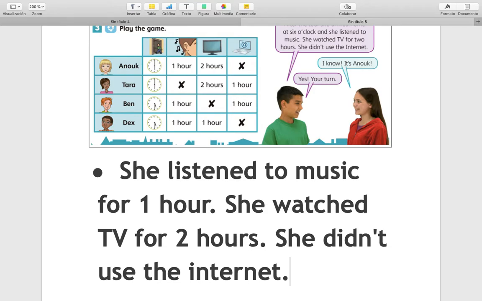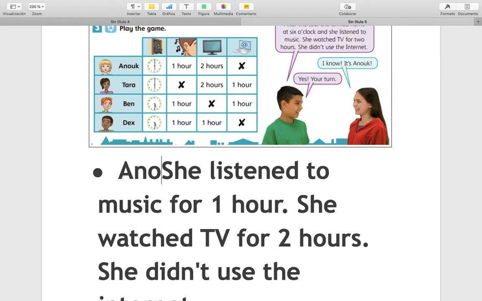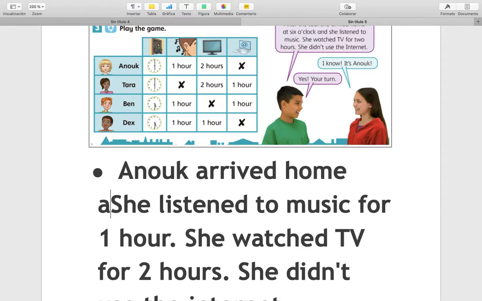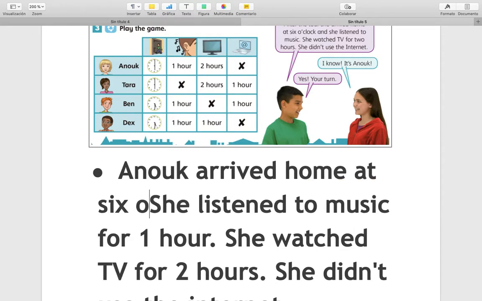Let's talk about Tara. Tara arrived home at 6 o'clock. Well, we can include here Anouk arrived home at 6 o'clock.